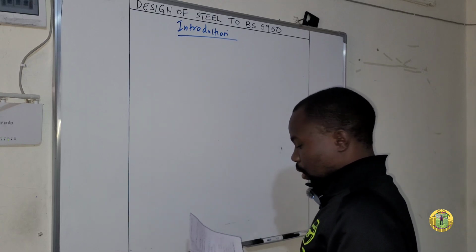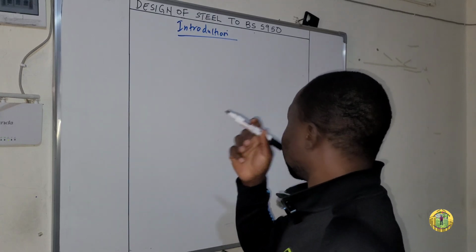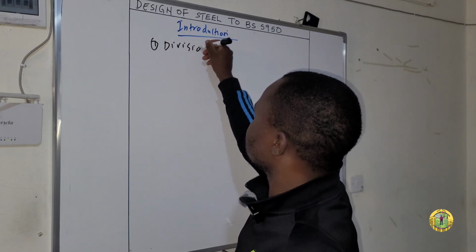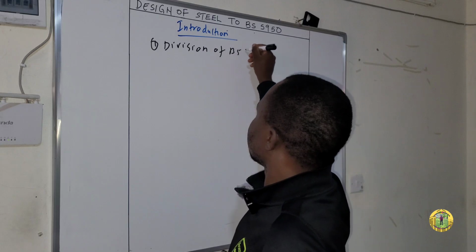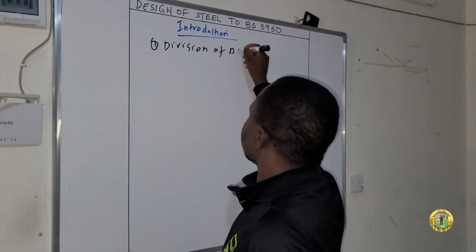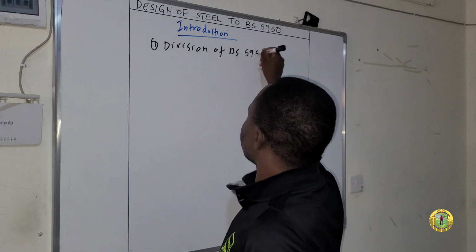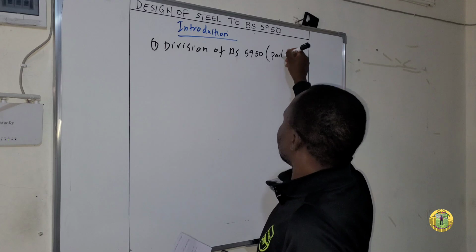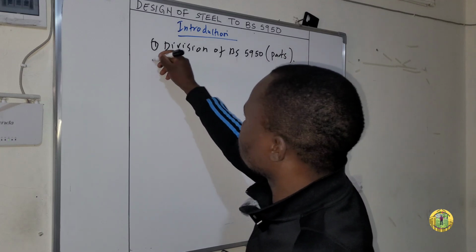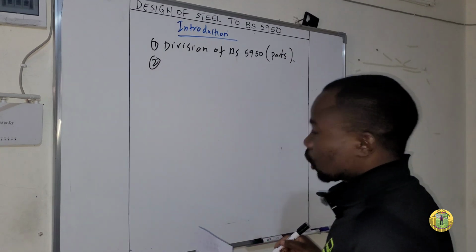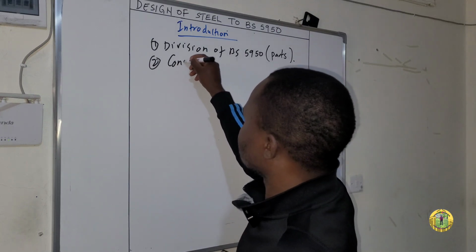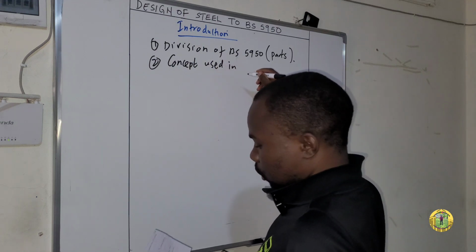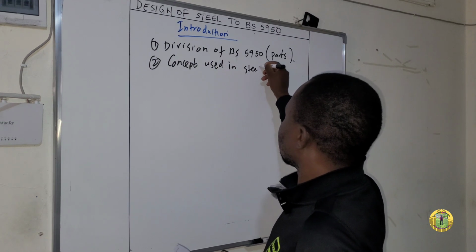Number one, division of BS 5950, or parts of BS 5950. Number two, I will talk about concepts used in steel design.